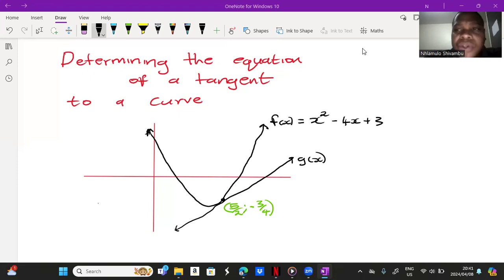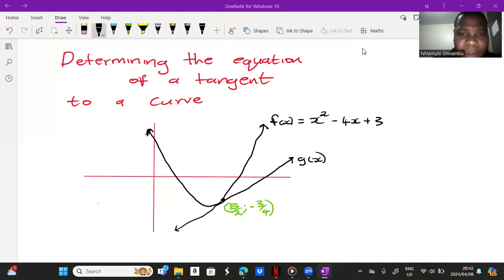So we're going to use the idea of the derivative of a function in order for us to get the equation of the tangent. So we've got two things here. We've got the curve and we've got the straight line, which is our tangent.